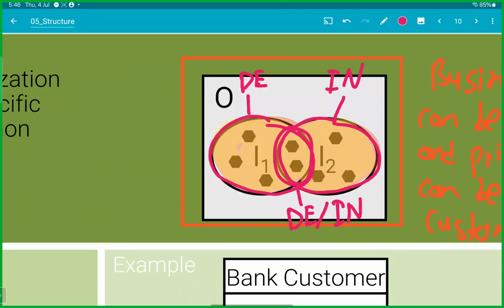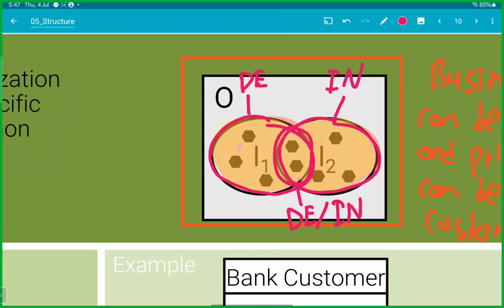They have both passports. So this is called overlapping. In overlapping and complete, everybody has a passport that is either German or Indian. And overlapping means we have people who can be both and have two passports.